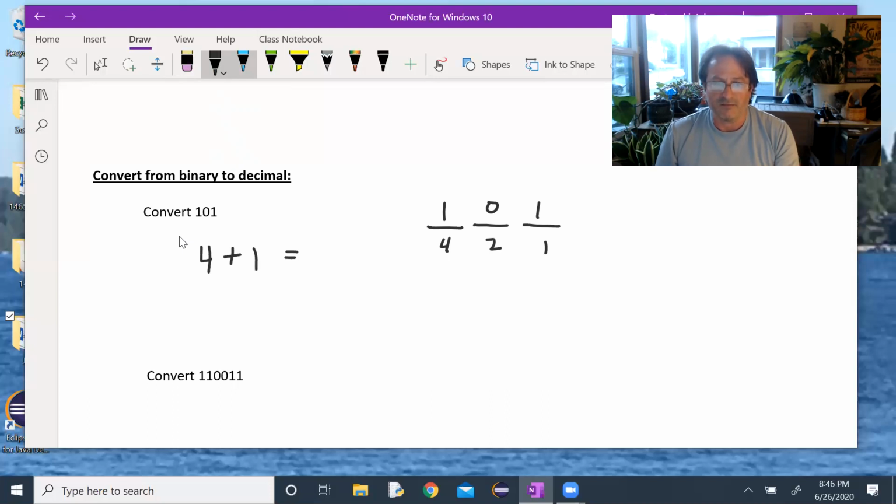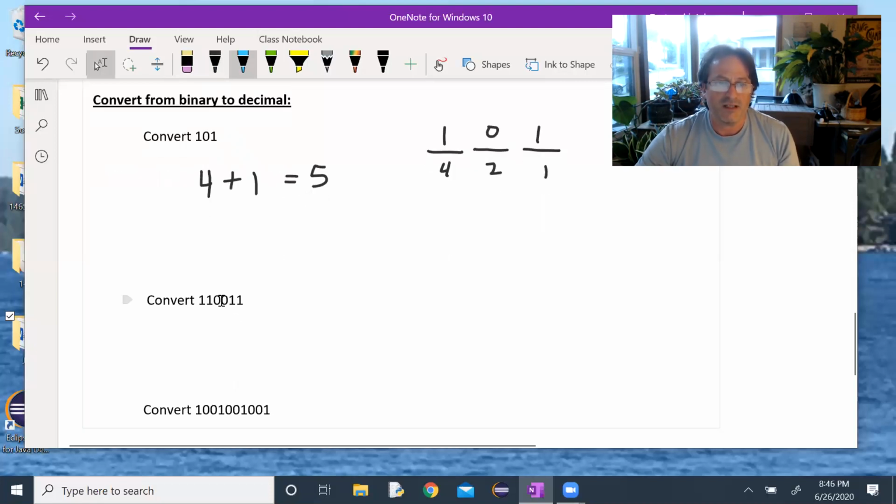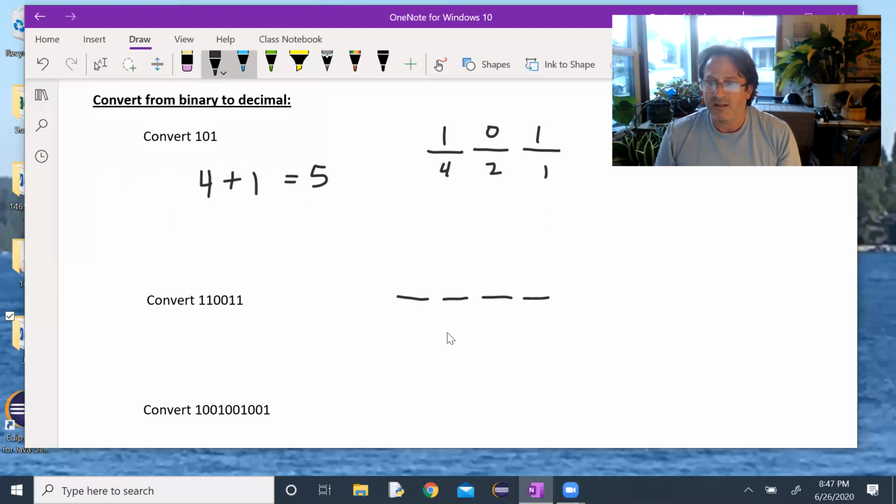So this number is 1 4 plus 1 1, or 5 in decimal. Down below here, I need 1 2 3, I need 6 spaces. So I'll just set up my 6 spaces. 3 4 5 6.